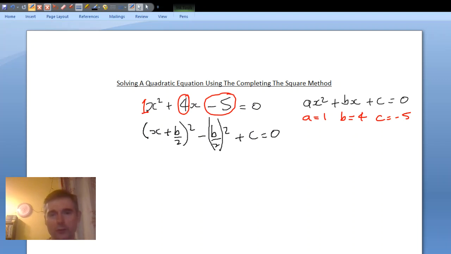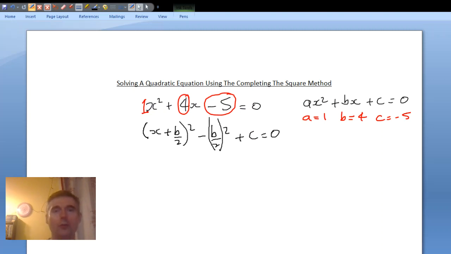So we rewrite this equation in this form, taking into account the numbers that we've worked out a, b and c are.